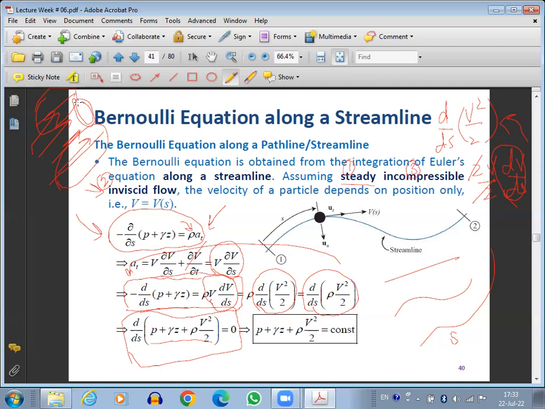So a short question. What are the limitations of Bernoulli's equation? 4 marks, 4 points. Incompressible flow, inviscid flow along the streamline, steady. I don't find these words. You can write the whole paragraph, I'm not going to give you a single mark, but I will be looking for these words.